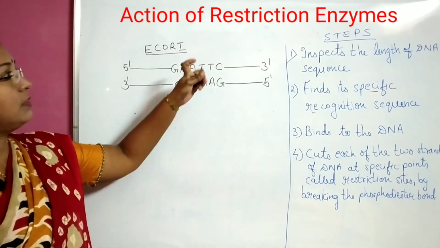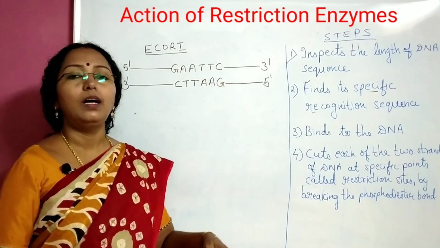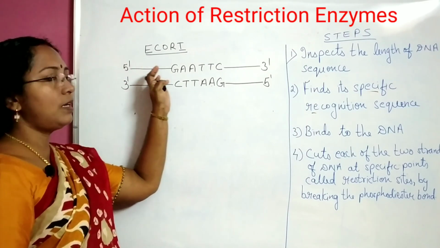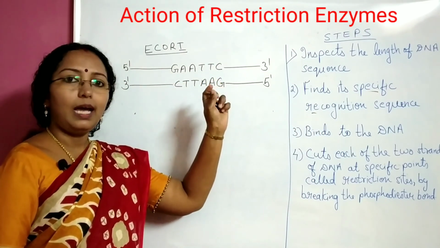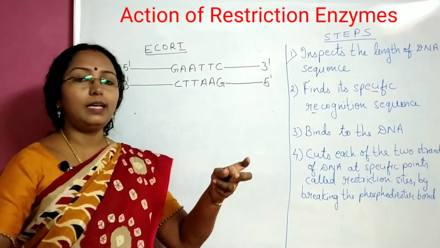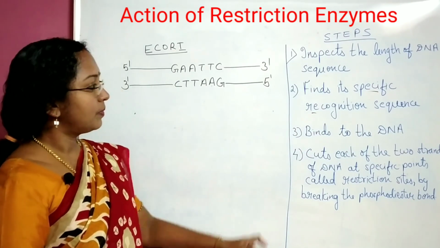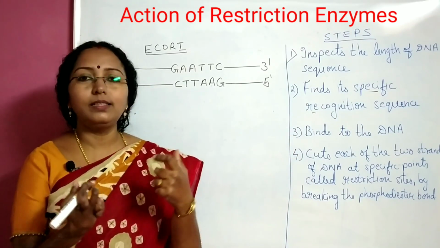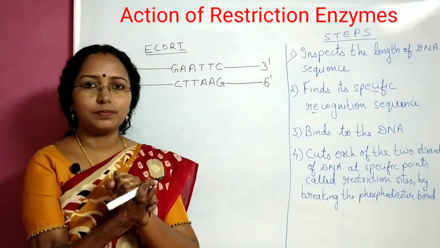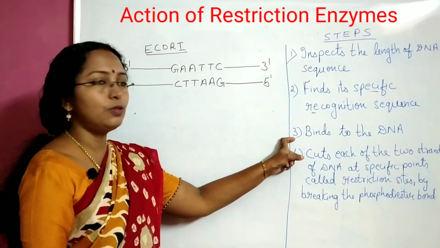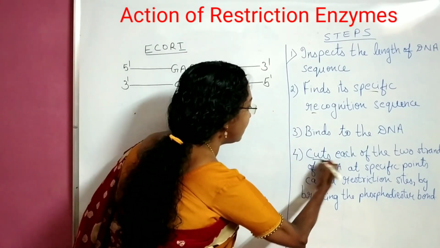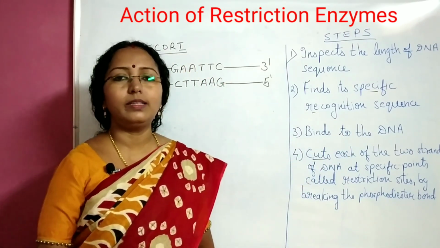First we are going to learn the steps of how a restriction enzyme functions. First, it will inspect the length of the DNA sequence, and then it finds its recognition sequence, the area where it has to go and cut. Once it finds its recognition sequence, it binds to DNA. Then happens the actual process of cutting the strands.